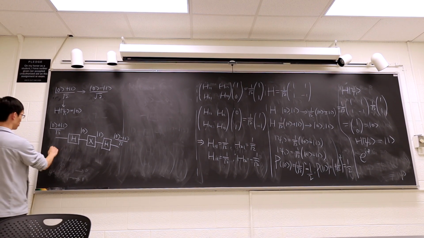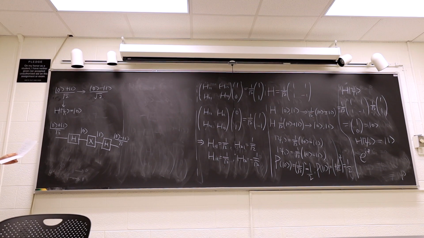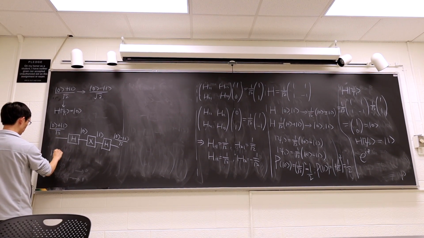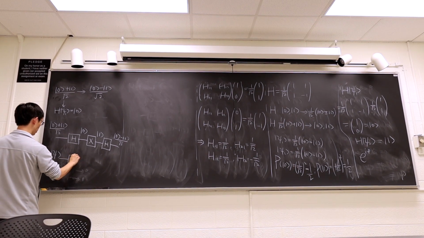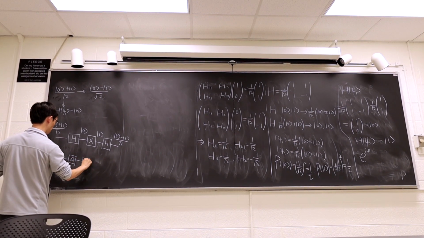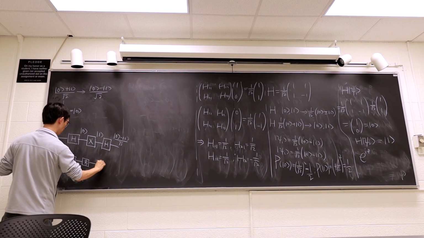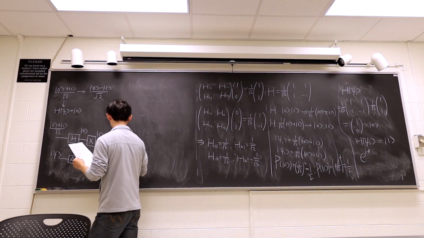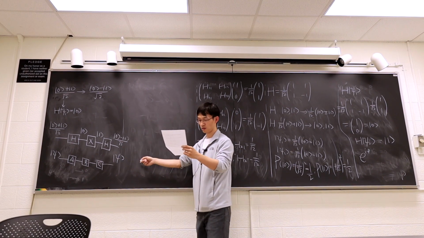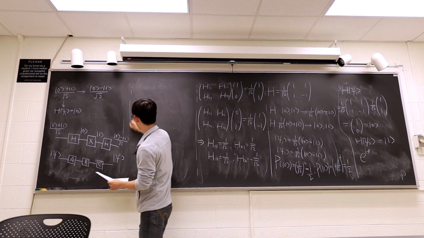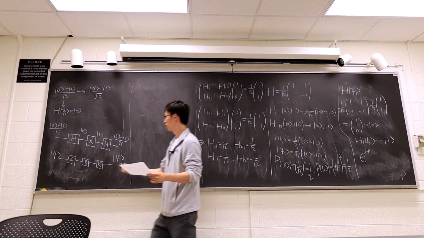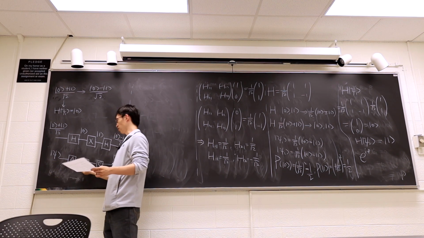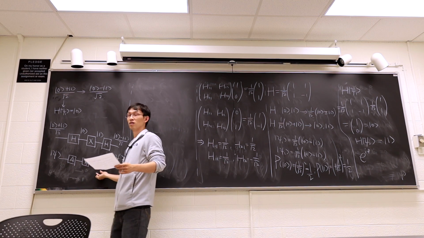Yep. This is the next point here. If you have an input, and then you have gates A, B, C, and then you have output, here is a case where it's very easy to make a mistake. Gate A is first applied on your state, followed by B, and then followed by C. Right?